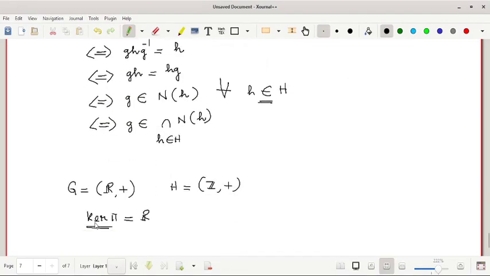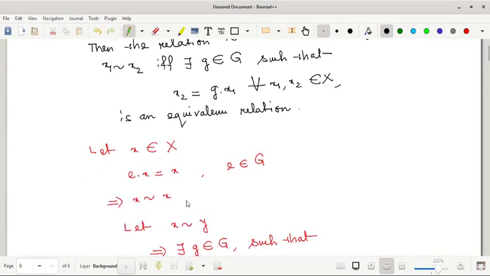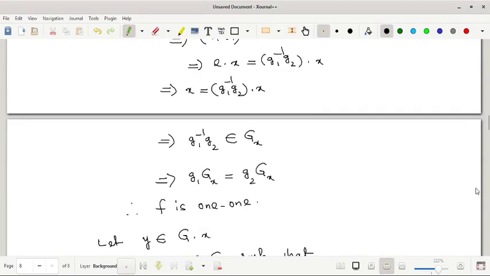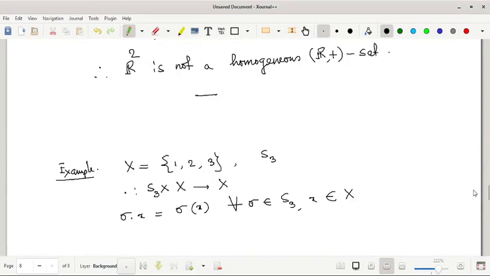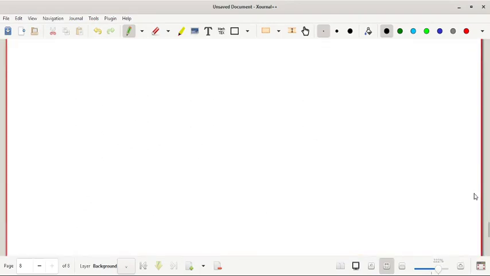What about matrix multiplication? We defined an action given by matrix multiplication. If you recall, the action of GLnR on MnR.